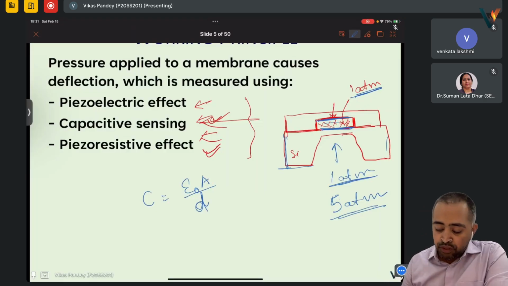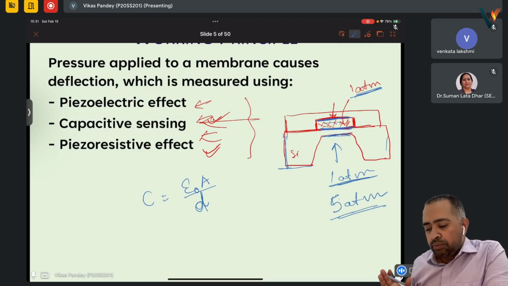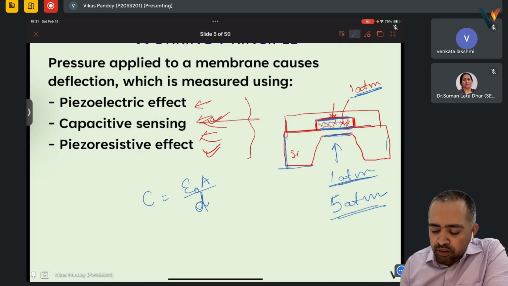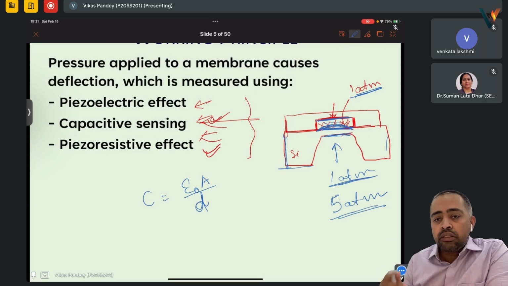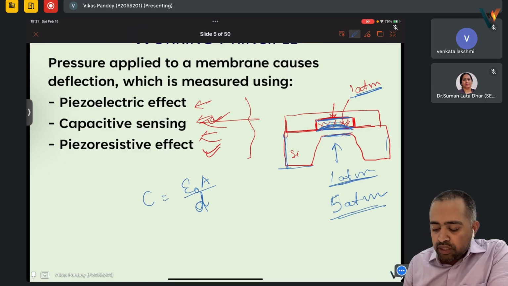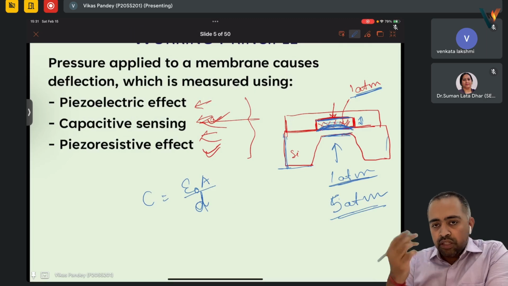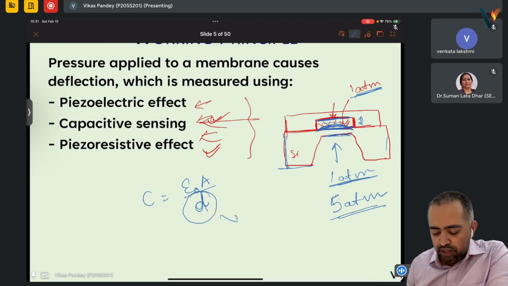Since this is a thin membrane, it will deform. It will be pressed towards the electrode and we will have a change in the shape. Due to this change, the distance D between these will change. D will decrease.